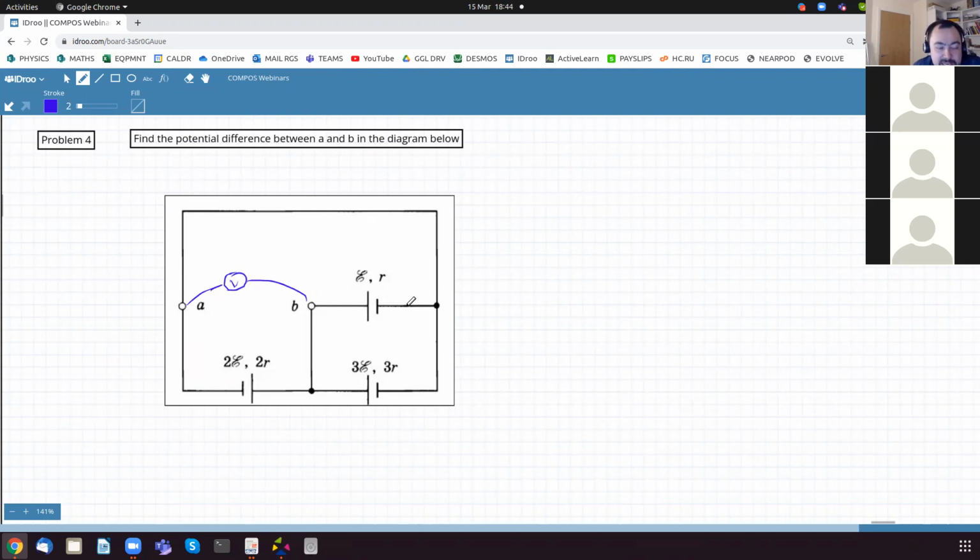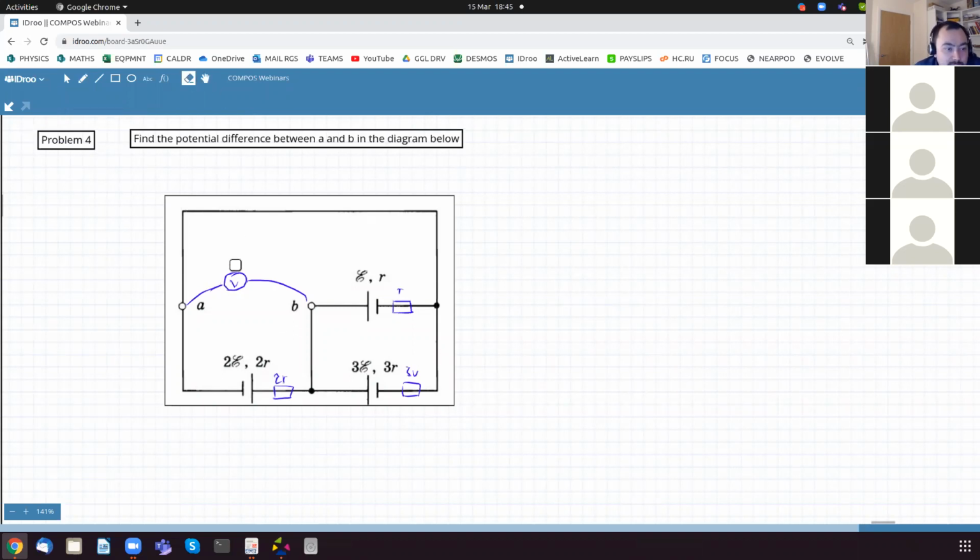And the batteries have internal resistance. So effectively, the batteries have internal resistances, which are R, 3R, 3R, and 2R.